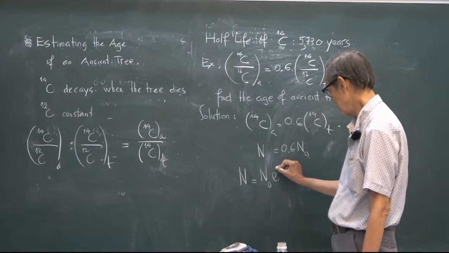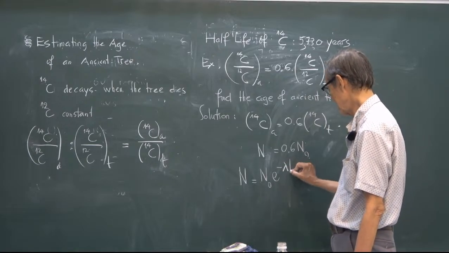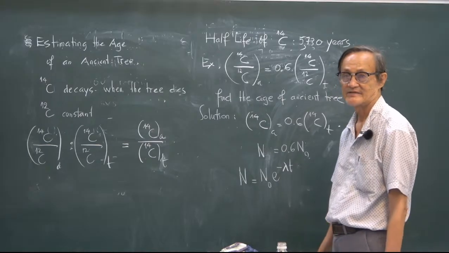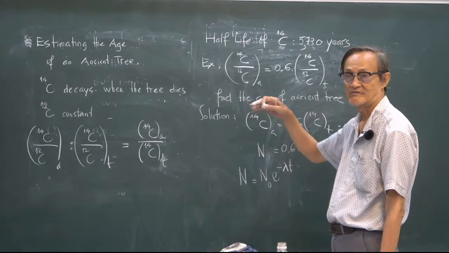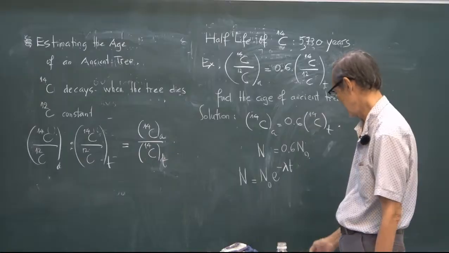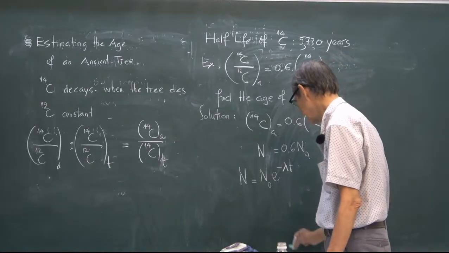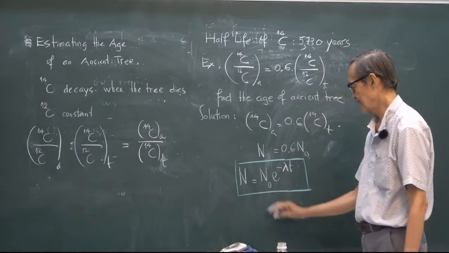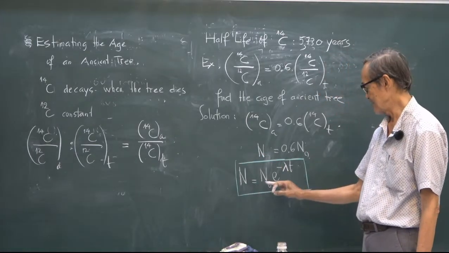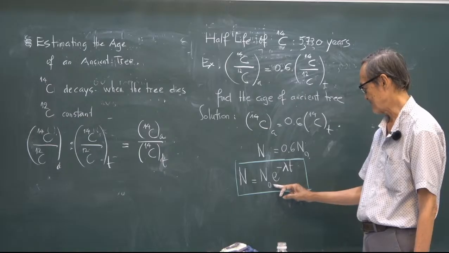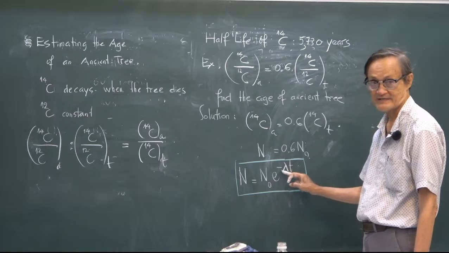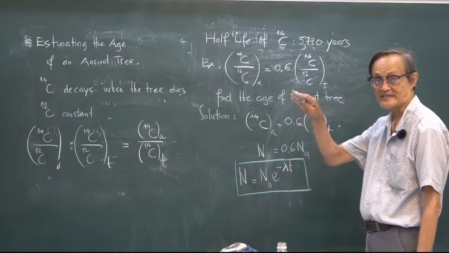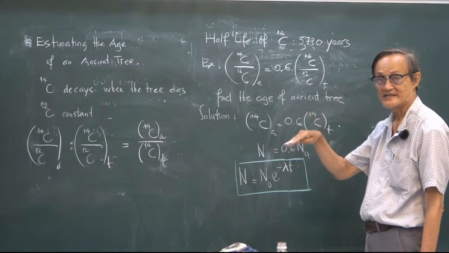Similar to the above formula, N equals N0 times e power minus lambda T, minus because it is decay, not increase.